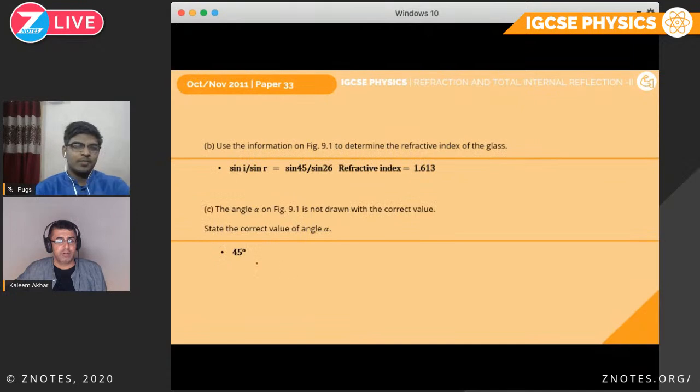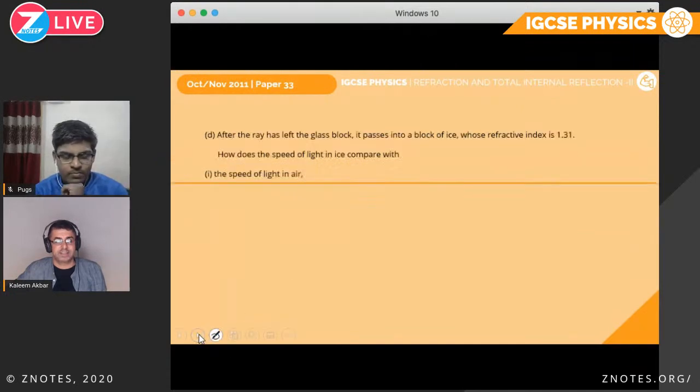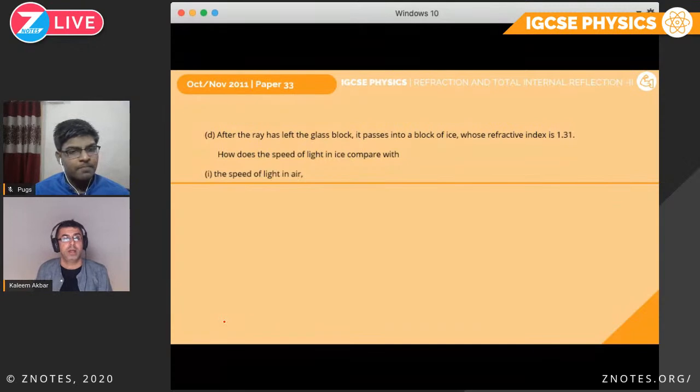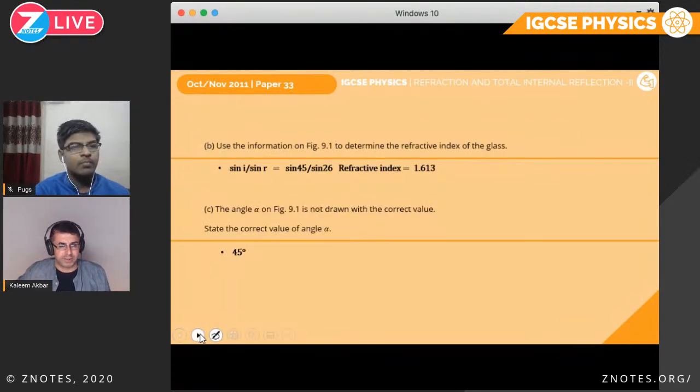So we've got the angle, 45 degrees. Next, after the ray has left the glass block, it passes into a block of ice whose refractive index is 1.31. How does the speed of light in ice compare with the speed of light in air? Well, if you think about it, glass was like 1 point whatever. What did we get? Let me just remind myself. It was 1.6.